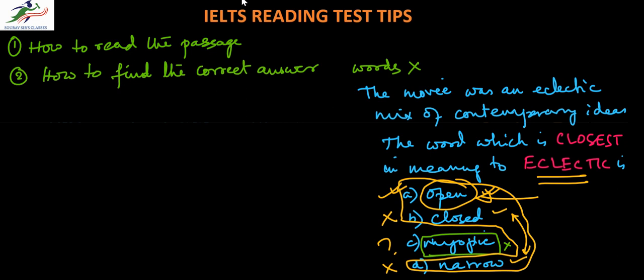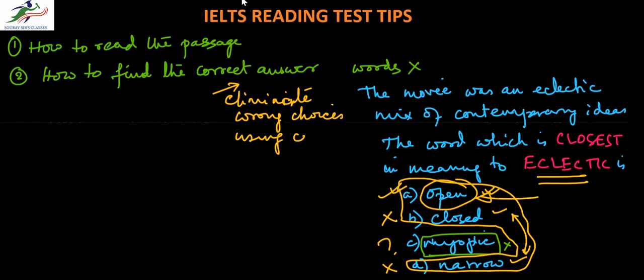So the art to finding the correct answer is to eliminate wrong choices using common sense. And you'll see more often than not you'll be able to do this using common sense.